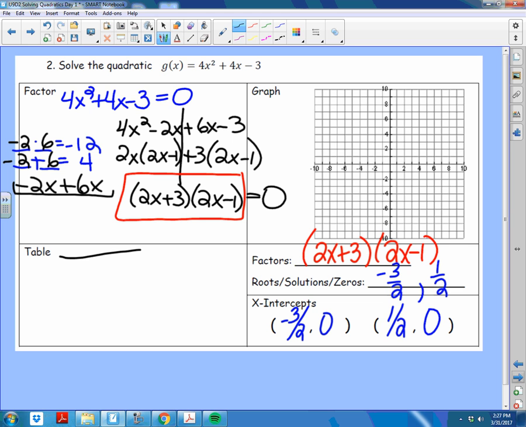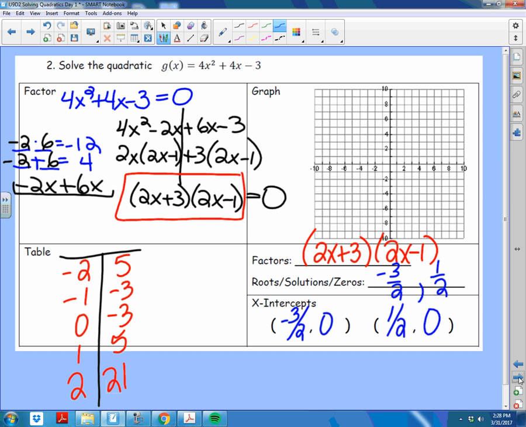And when I draw the table this time, not including a whole lot of points, including -2, 5, -1, -3, 0, -3, 1, 5. Can we find the solutions from the table this time?